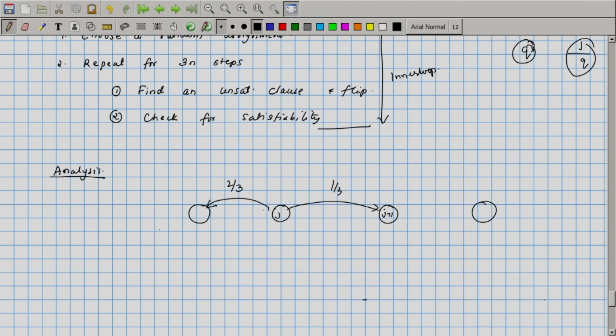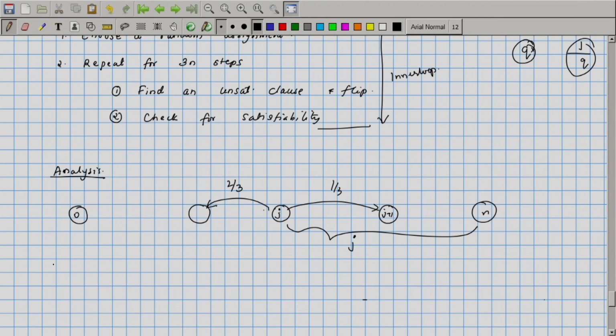So, when you look at this particular chain, we want to know, so suppose you start at jth position, what is the probability that you will hit n? In fact, instead of starting, calling this index as j, let us call this length as j. Okay.